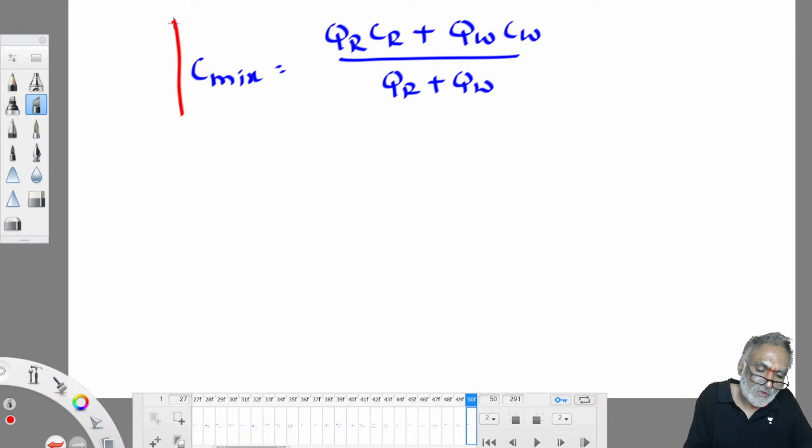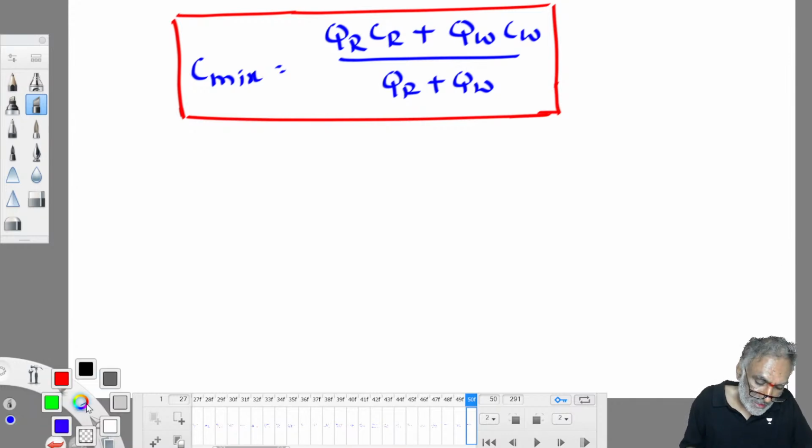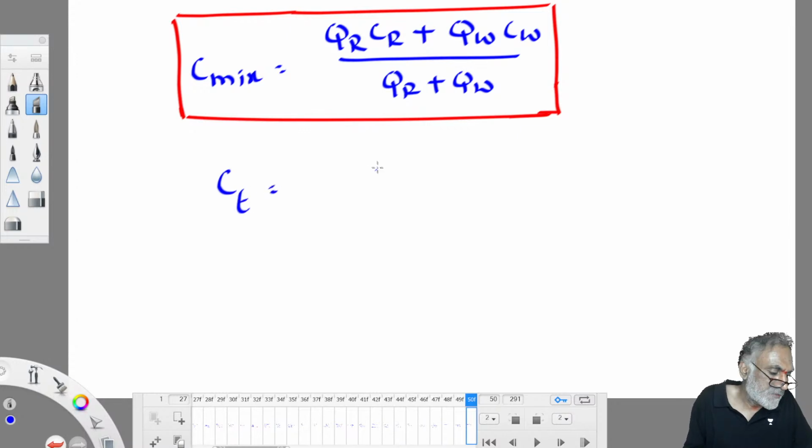So base C could be any parameter. It could be BOD or DO or chlorides or temperature, any parameter it could be. Once that pollutant concentration attains C mix, when it further travels on the downstream side, its concentration becomes CT.